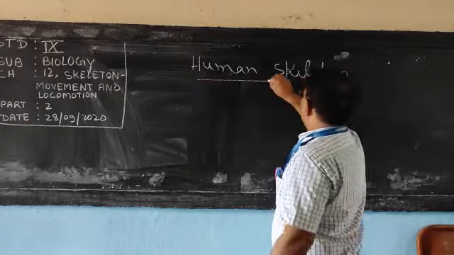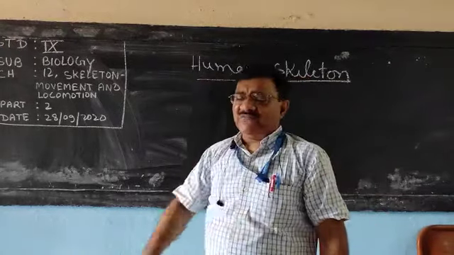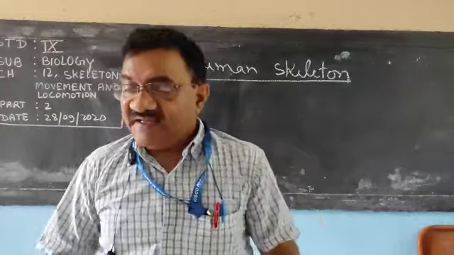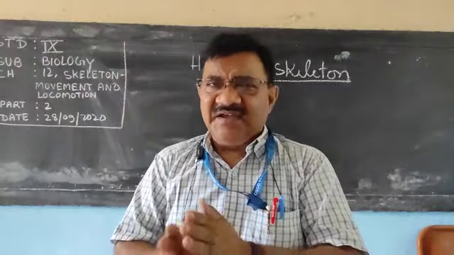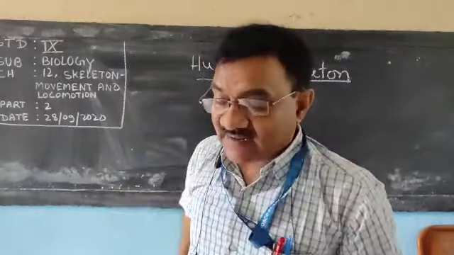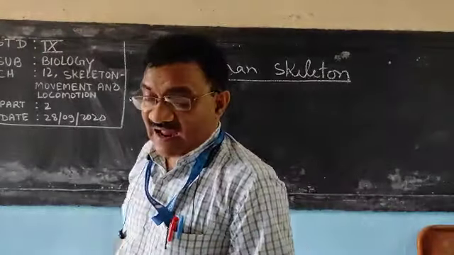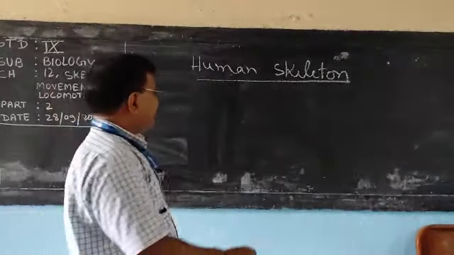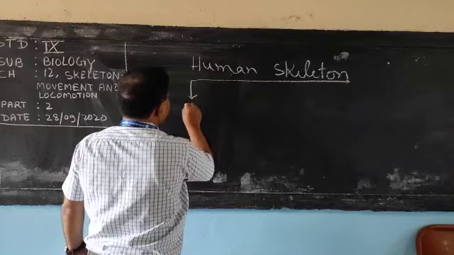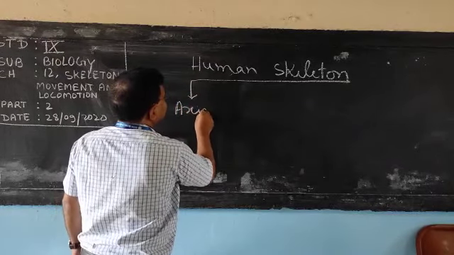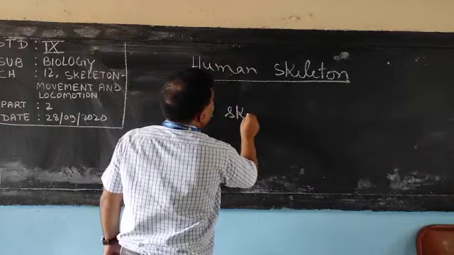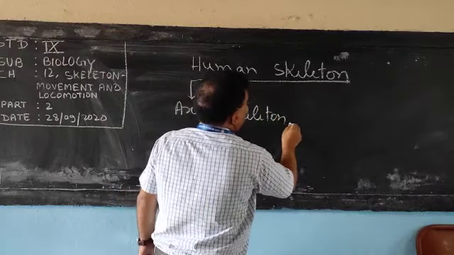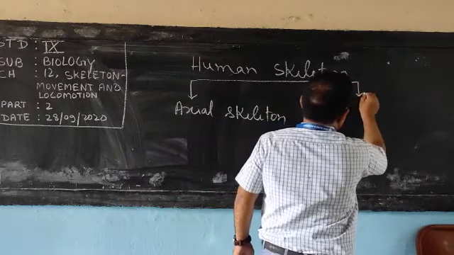The human skeleton is divided into two parts: the axial skeleton and the appendicular skeleton.